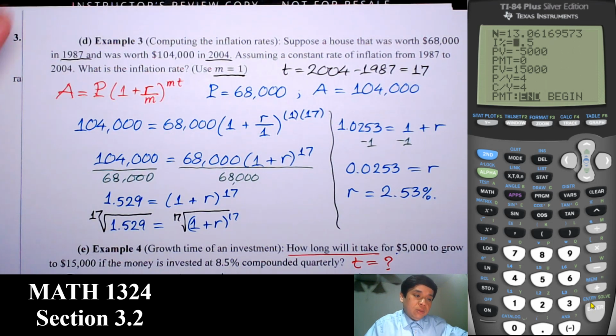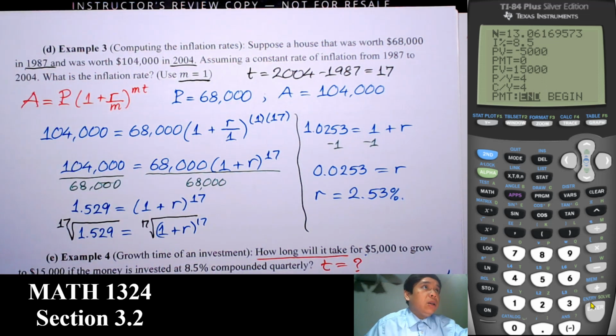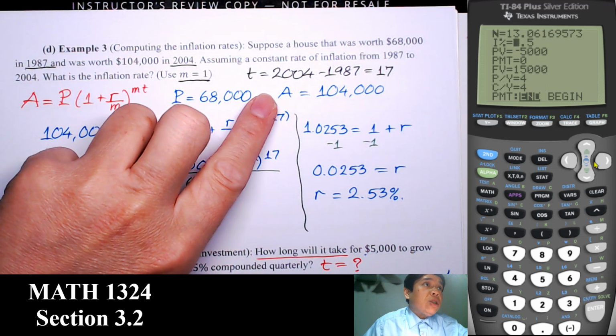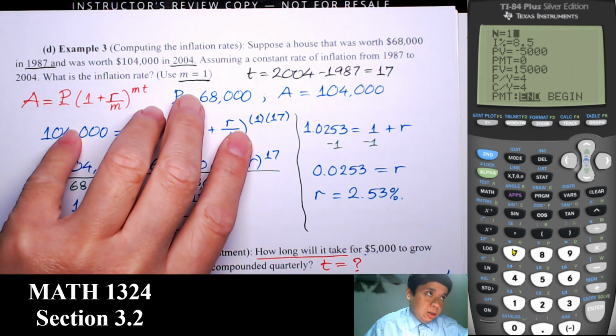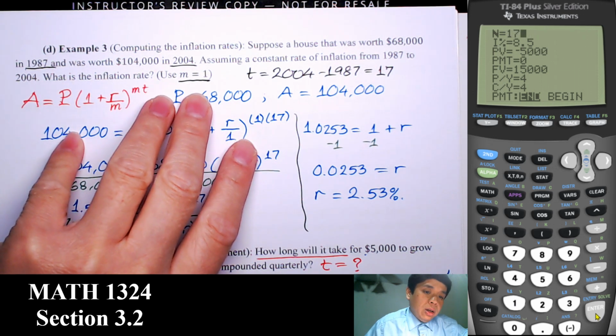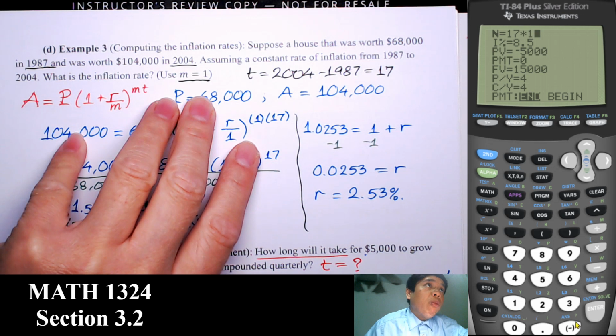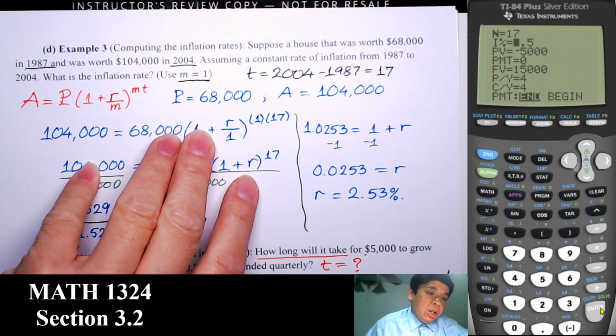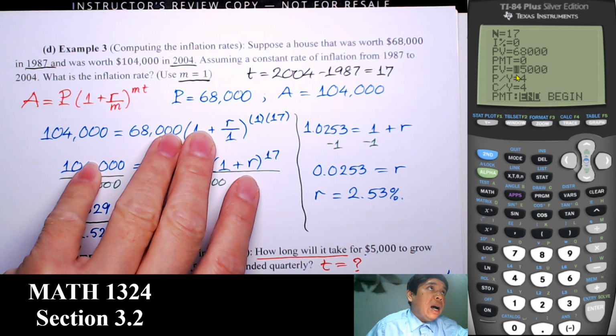This one. For 17 years, 1 payment a year. The interest rate, we don't know, so just put 0 at the moment. Present value, let's say we buy a house and then we sell it back. I mean, we sell a house.